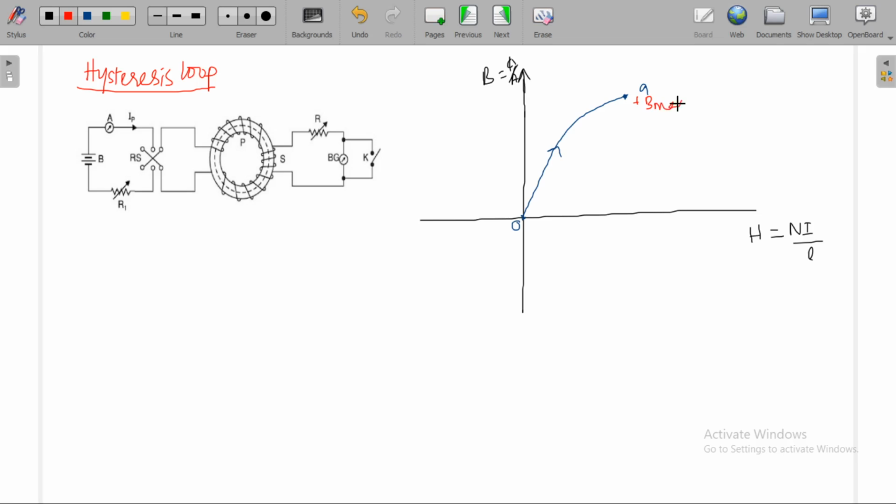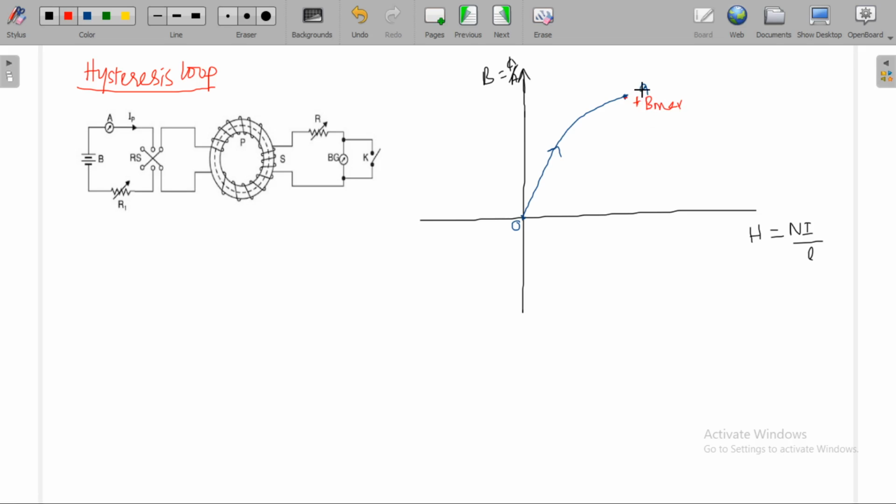When current is 0, H will be 0, then B will be 0. As H is increased, B also increases like this, and it operates in three regions: linear, non-linear, and saturation region, right? And finally this curve reaches its maximum value, plus B maximum.